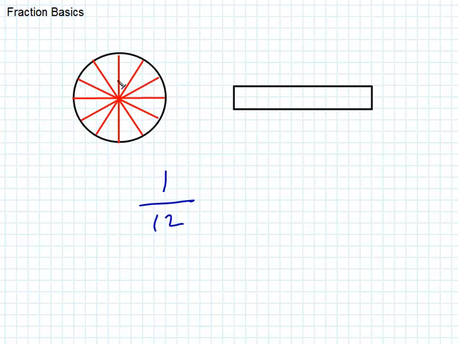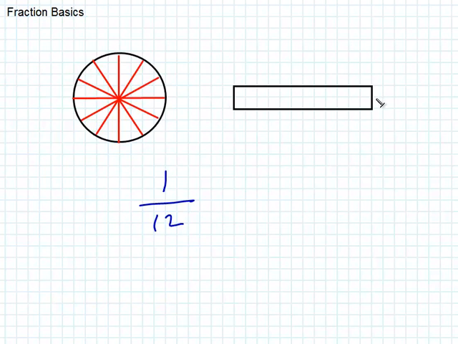Do you know something that's divided into twelfths? Look at a clock. It goes 1, 2, 3, 4, 5, 6, 7, 8, 9, 10, 11, 12. So a clock is divided into twelfths. And so here would be a whole hour, and this would be a twelfth of an hour. So a twelfth of an hour would be like 5 minutes, right? 5, 10, 15, 20, 25, 30, 35, 40, 45, 50, 55, 60 minutes in an hour.